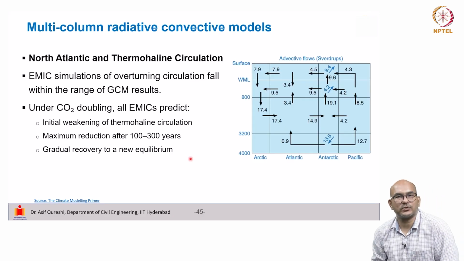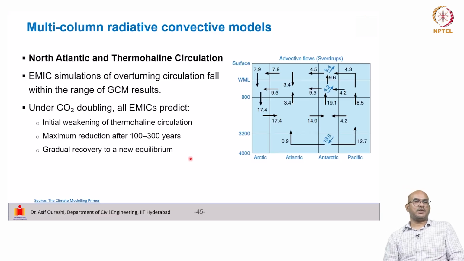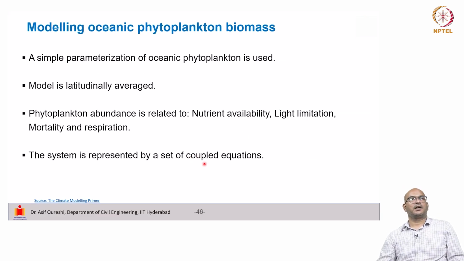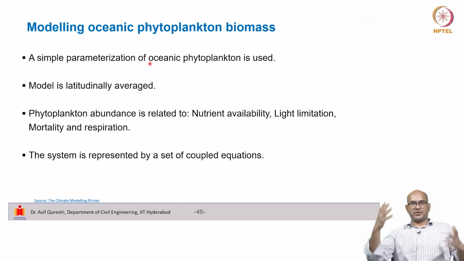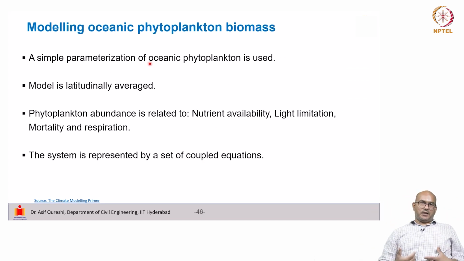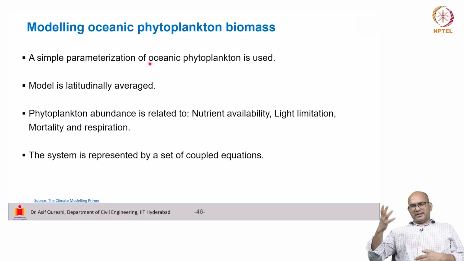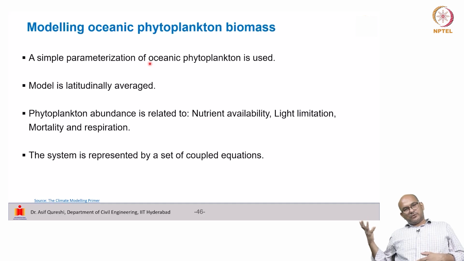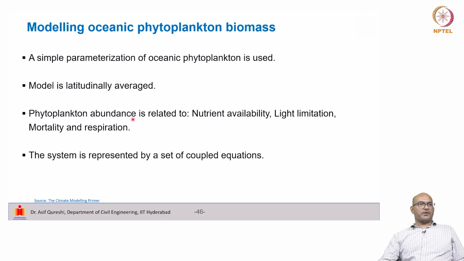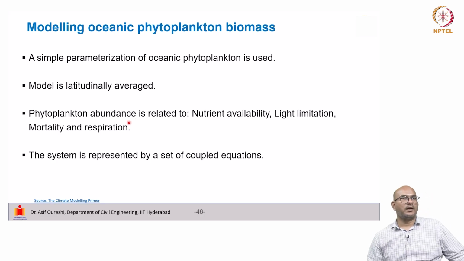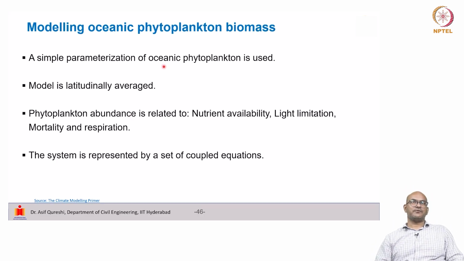The models also, as we saw, model the biology in terms of simplified biological processes. In this case, we have the oceanic phytoplankton because they will assimilate CO2, or assimilate carbon, and then they may also lead to the transport of carbon to the bottom ocean sinks. So in many of such models, a simple parameterization of oceanic phytoplankton is used.